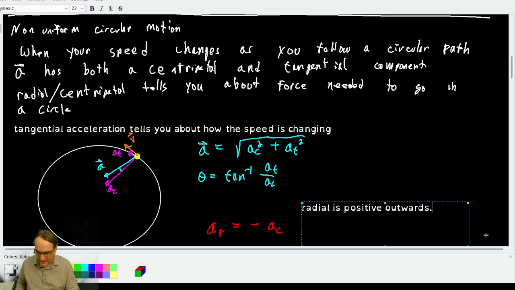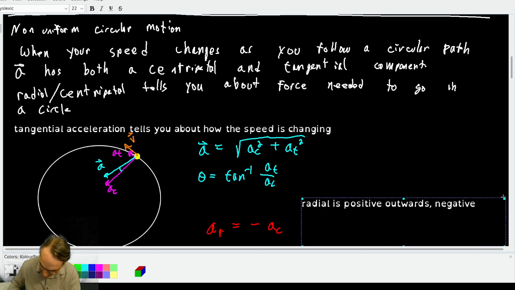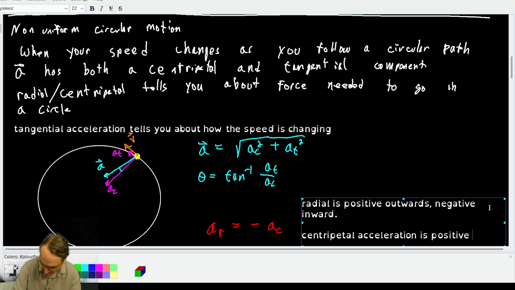A radial acceleration will be positive when it's outward and negative inward. Centripetal acceleration is positive when it's inward. So that's the real reason why we get the minus sign showing up.